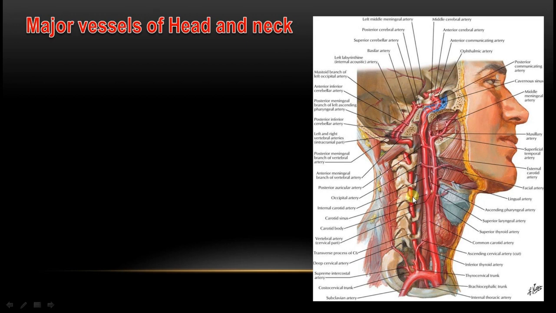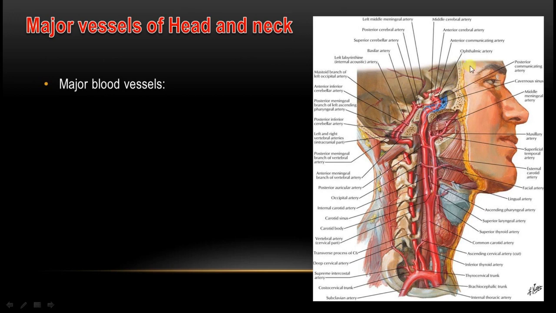The major blood vessels of the neck, arteries, you come across the carotid system of arteries. Mainly you see here the common carotid artery dividing into external and internal carotid arteries.